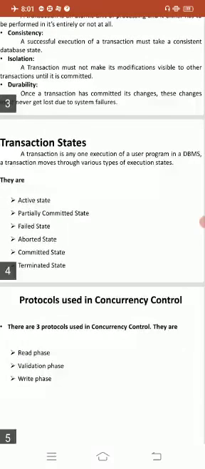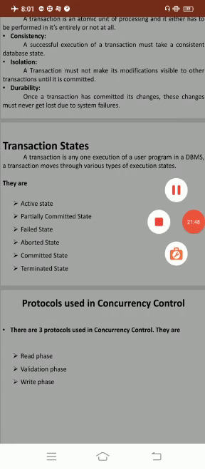Automatically the transaction leaves the system. The transaction information that is maintained in the system tables is removed when the transaction terminates. So here the terminated state is nothing but the whole program is going to stop.